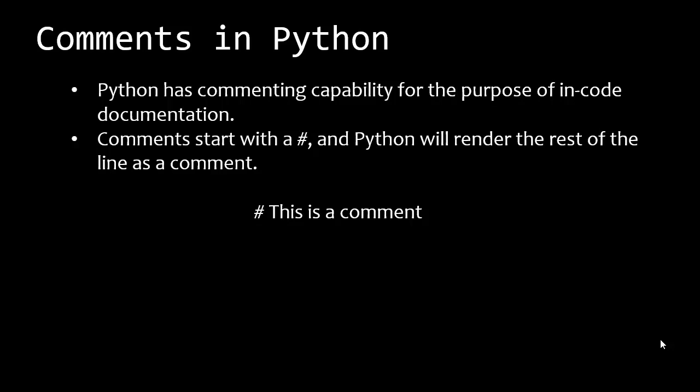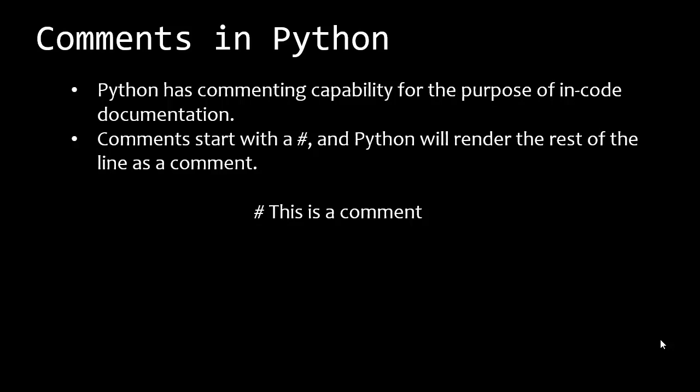To get started, one of the first things we should know about is a comment. Obviously, in any kind of programming language, especially in a professional environment, you want to comment your code and let people know what you're doing. It just helps with the readability and maintainability of the program. And so Python has commenting capability for the purpose of in-code documentation. Comments start with a hashtag or a pound sign, based upon what age you are.